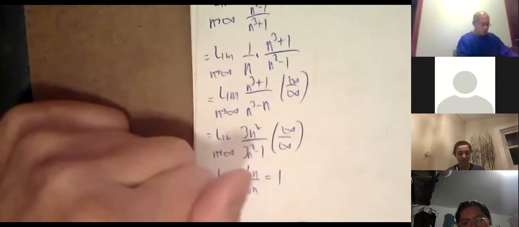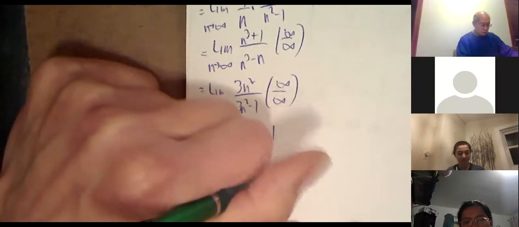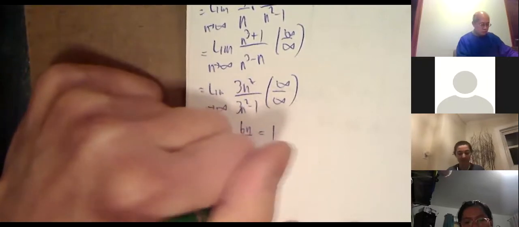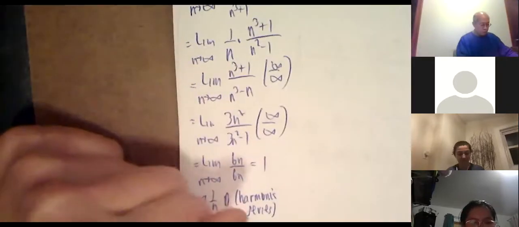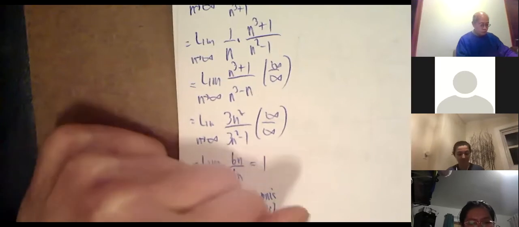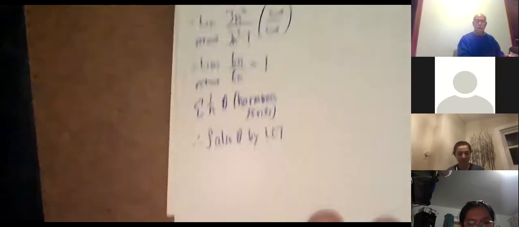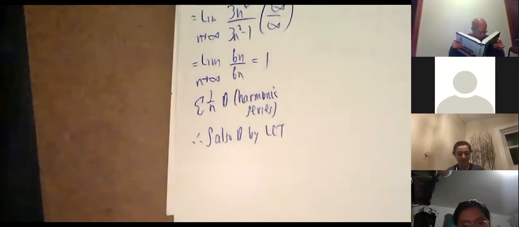It diverges. So the summation of 1 over n diverges because it is the harmonic series. Whatever happens to this happens to the original. So therefore, the original series also diverges by the limit comparison test. It's the limit comparison test for that one.